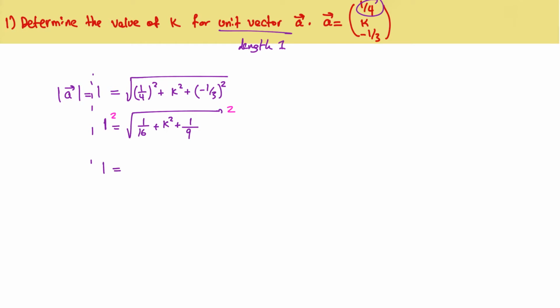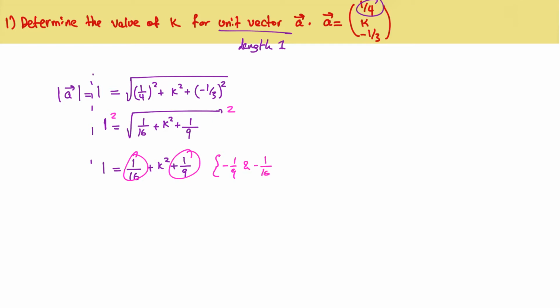The square root cancels the root sign, and I get 1 over 16 plus k squared plus 1 over 9. I want to isolate k squared, so I will subtract both 1 over 9 and 1 over 16 from this side.